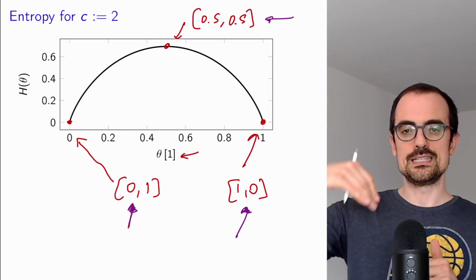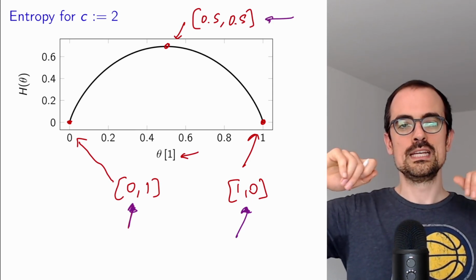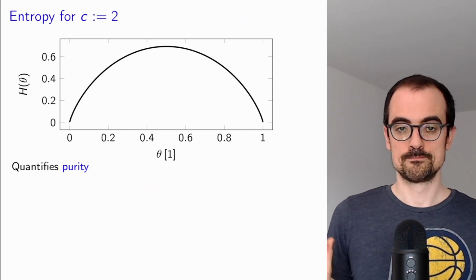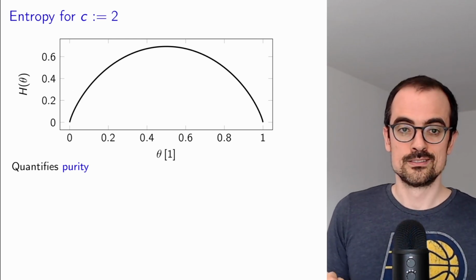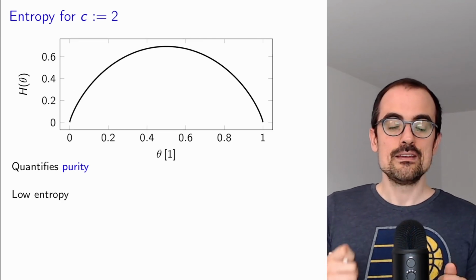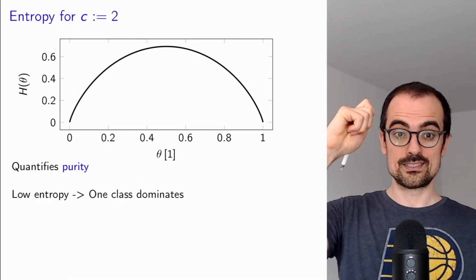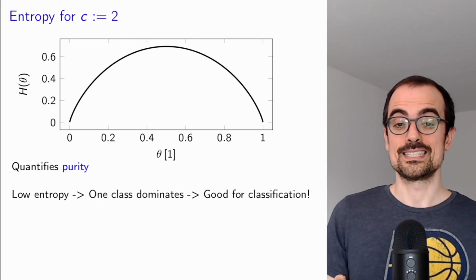Basically, if the entropy is large, then the probability is distributed between the different possible values. If the entropy is low, that means that some values completely dominate. So the entropy quantifies the purity of these probabilities. If we have very low entropy, this means that one class dominates. And that's exactly what we want in classification.